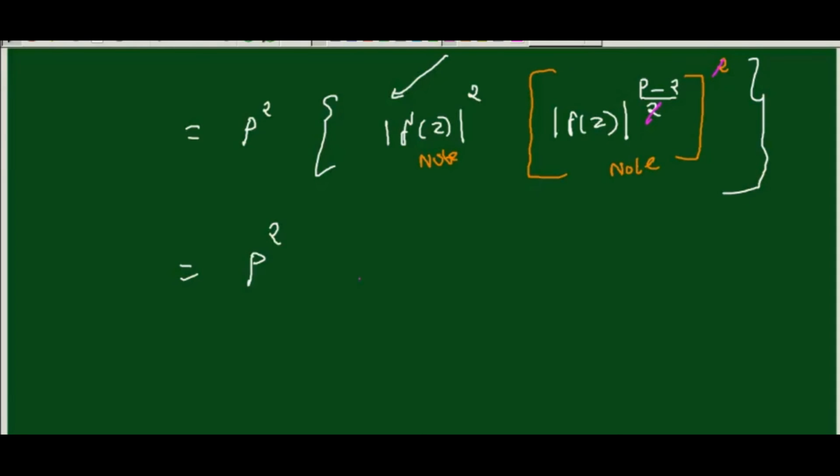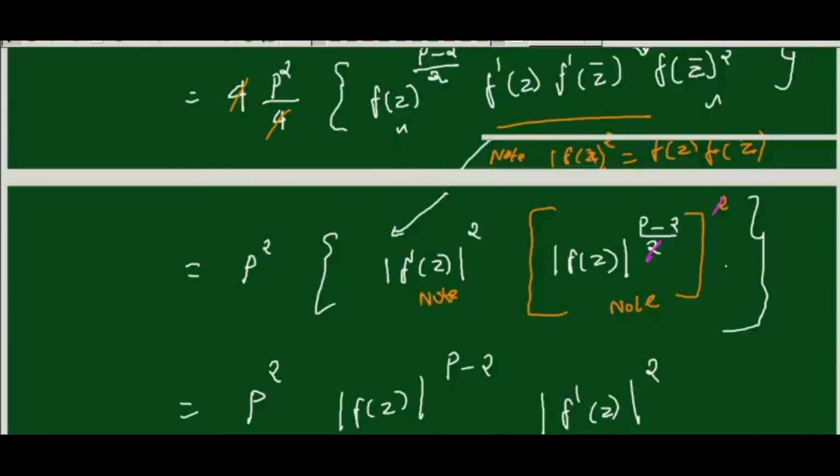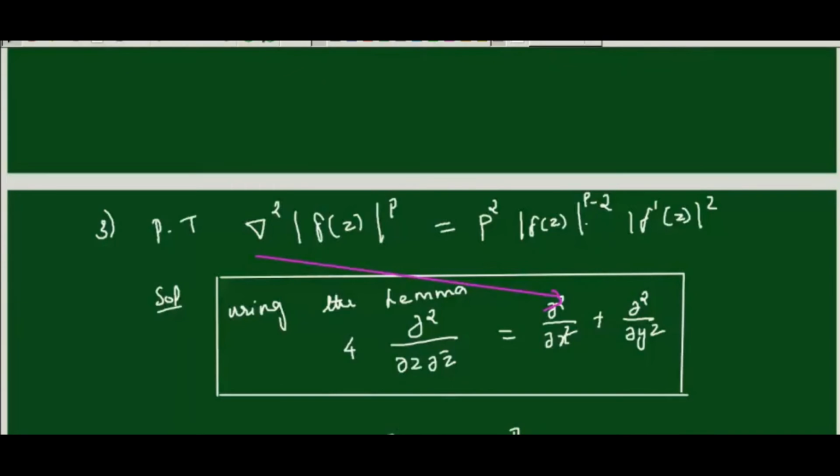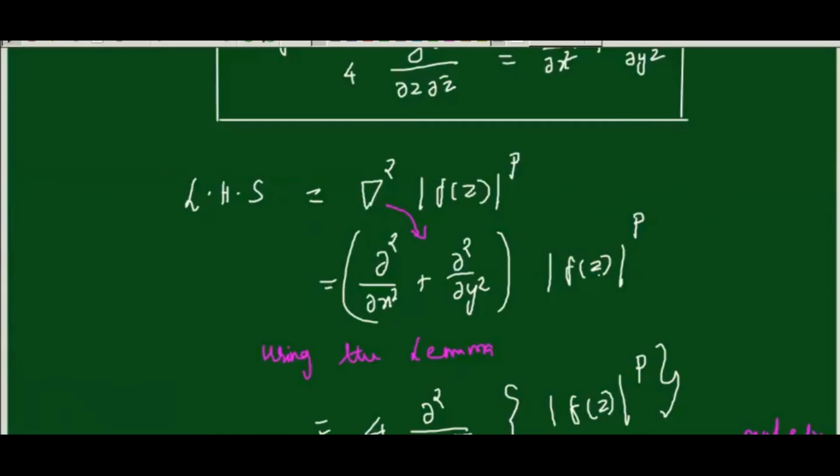So then what you will get is f of z modulus of f of z whole power p minus 2 into f dash of z whole square. Isn't it? We can prove this, right? p square f of z whole power p minus 2 into f dash of z whole square. Hence, we prove.